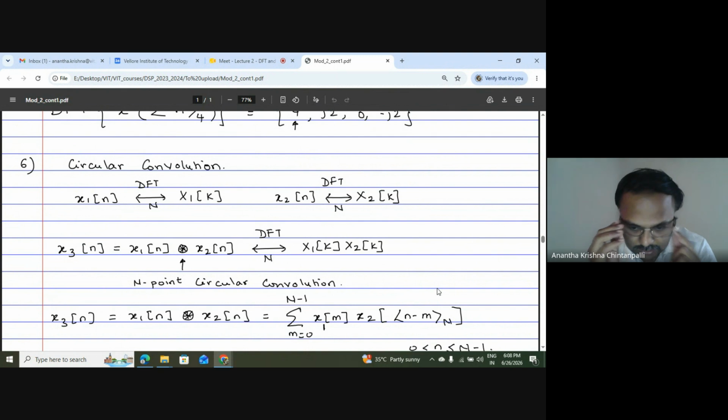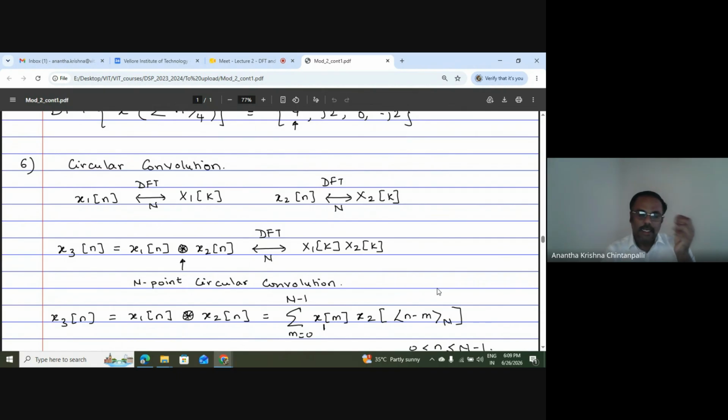So in the discrete time Fourier transform, the linear convolution of two sequences results in multiplication of their respective DTFT coefficients.